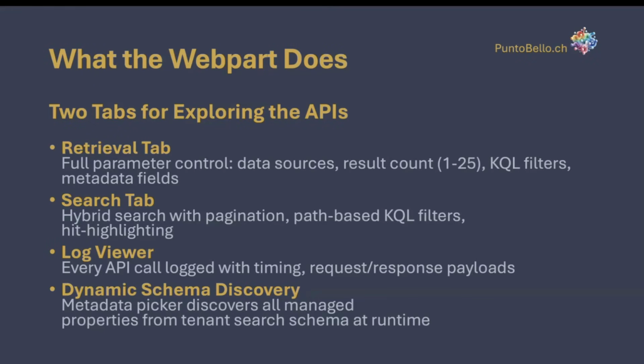The Search tab gives you the hybrid search capabilities with pagination. The log viewer logs every API call with timing and payloads. And the metadata picker dynamically discovers managed properties from the tenant. This is something I borrowed from the great PnP Modern Search solution, so we have the same functionality here.